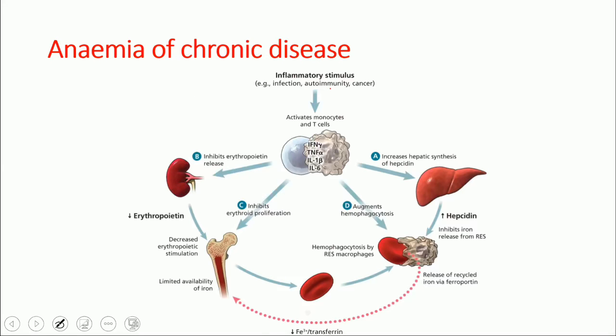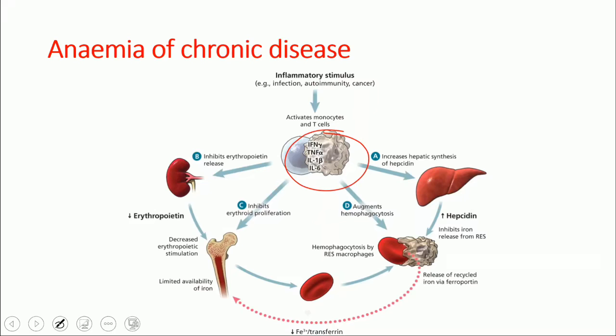So, when there is inflammation, you get a whole load of cytokines. For example, these fellows, which I'm not going to go into in detail, right? So you get a lot of cytokines. And as you can see in this picture, there are lots of things that happen because of the inflammatory response.